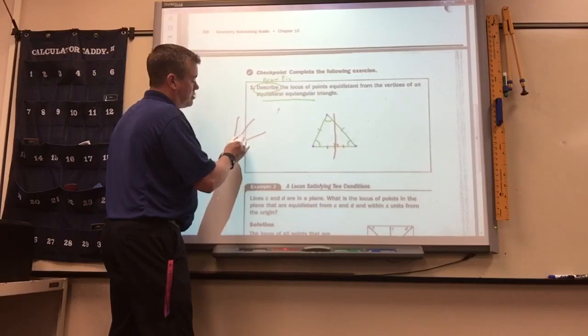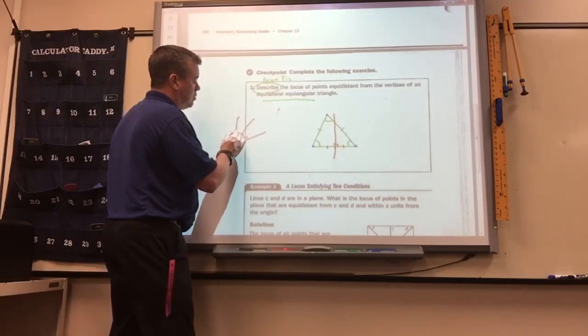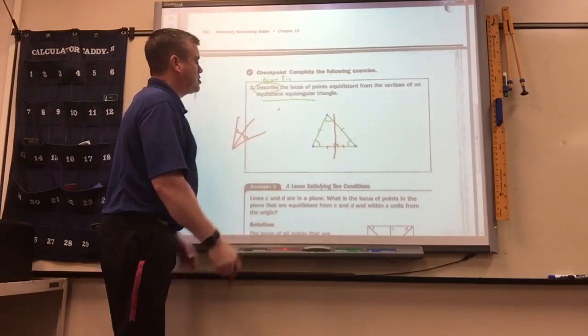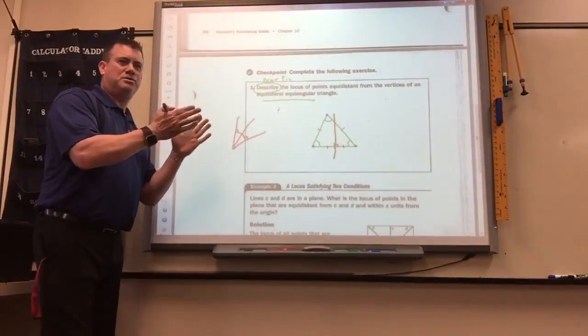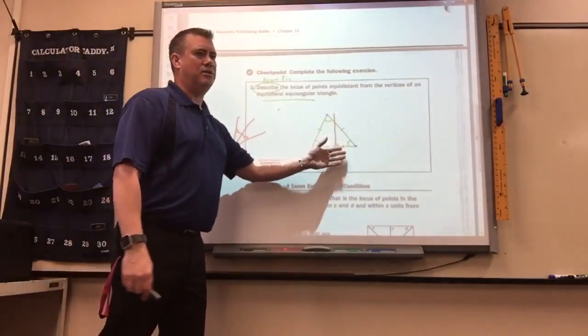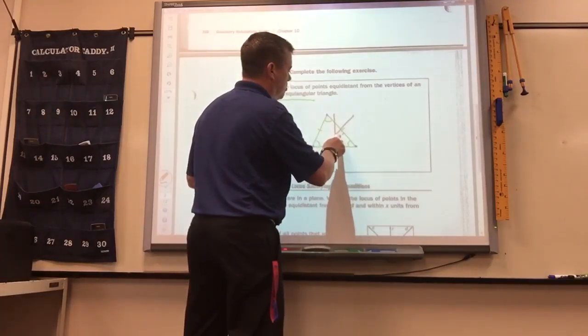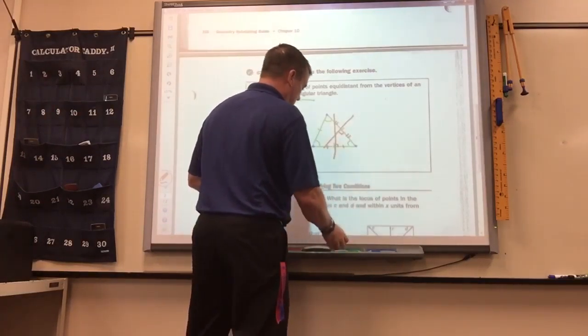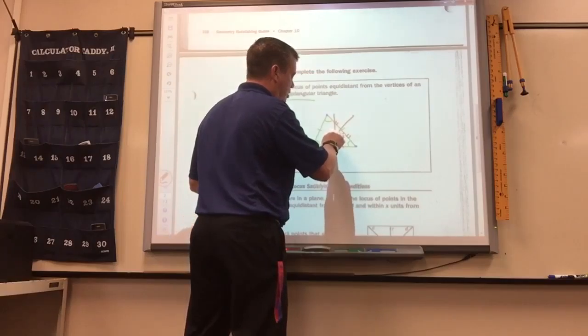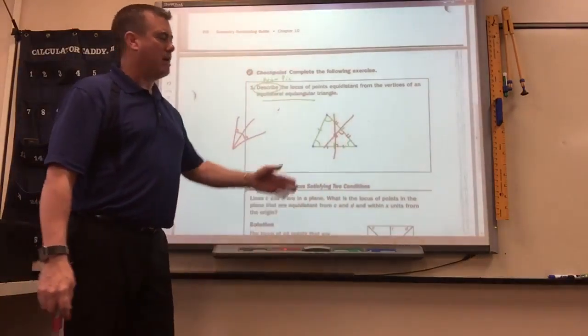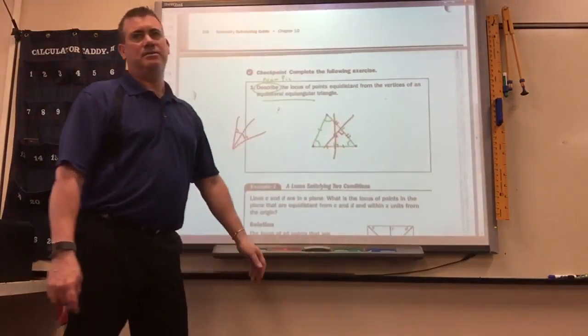So that and that would be the same distance. So the angle bisector is equidistant from two sides, the perpendicular is equidistant from 2 points. So you would have to draw in 2 perpendicular bisectors to find that point right there. You don't have to draw the third because they all intersect in the same spot.